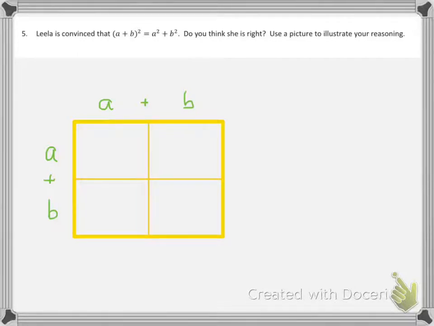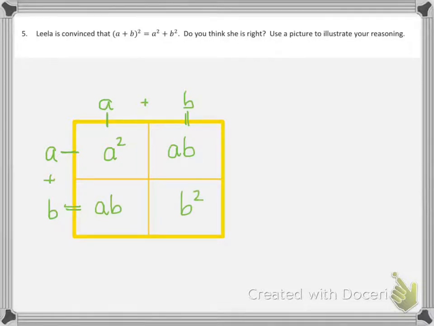So this first one we have a times a, which is a squared. And then a times b, which is ab. And then down here we have b times a, which is ab. And then we have b times b, which is b squared.